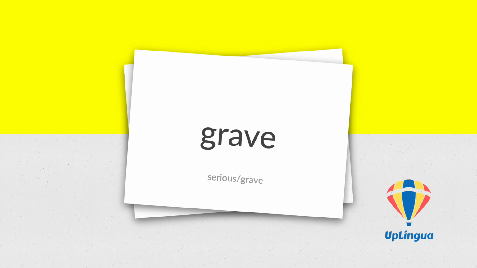The A would again become A, gra. The V is V, grav. The E is E. Grav E. Let's try pronouncing that with me one time. Grave or serious is grave.